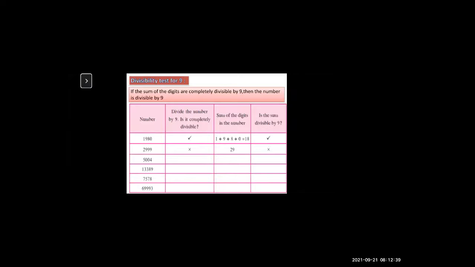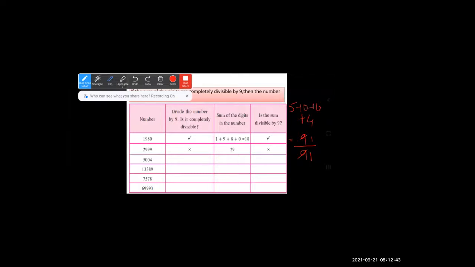Now, just to confirm this divisibility rule, check this by division. Before I start with this rule, just divide and see whether the number is divisible by 9 or not.